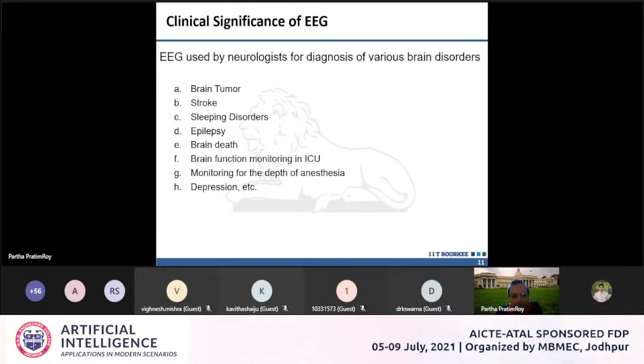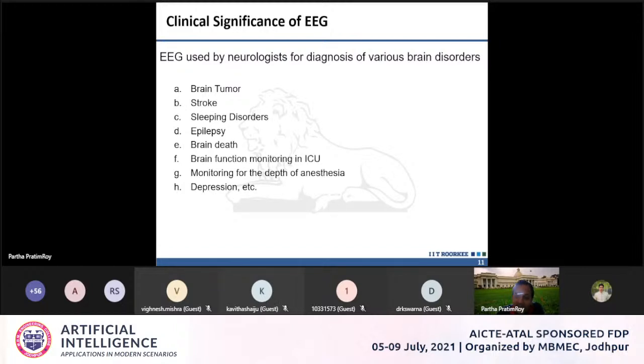Now, I was telling that these signals are monitored by neurologists and doctors, and they diagnose brain-related diseases.